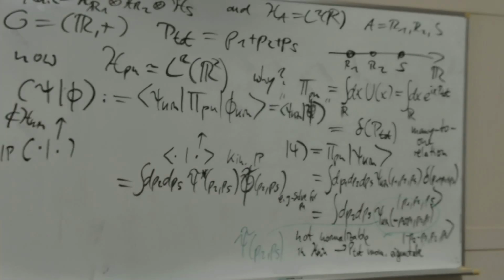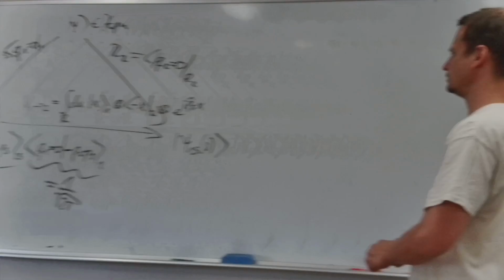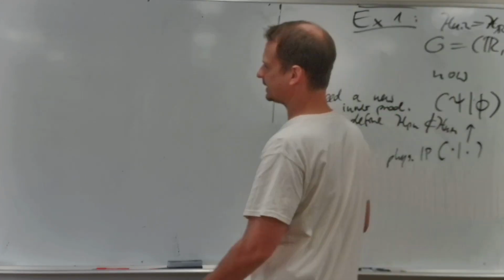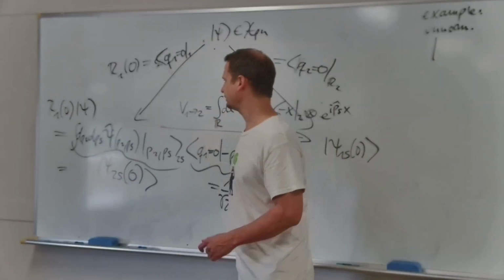Now, let's have a look at a specific state, to see what this actually does. Let's take some unnormalized states. For instance, let's go to one perspective.